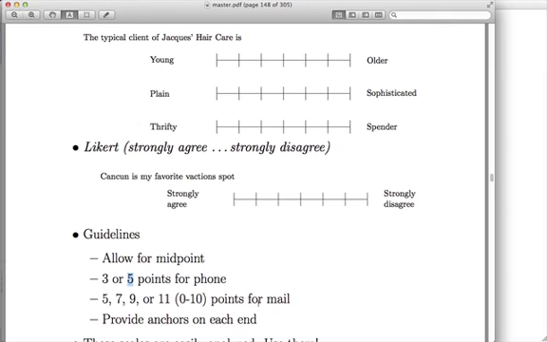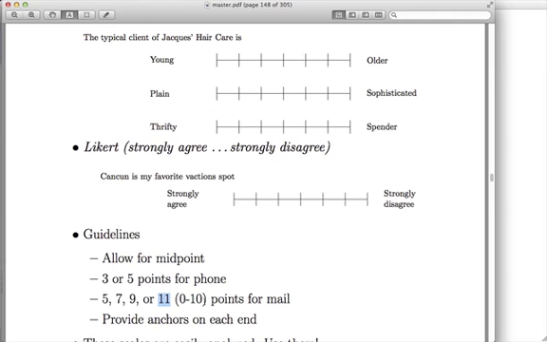So if you have mail or internet or anything like that, you want to use 5 or 7. 11 is another one that's often used, and the 11s are often numbered 0 through 10, so you have 11 boxes.